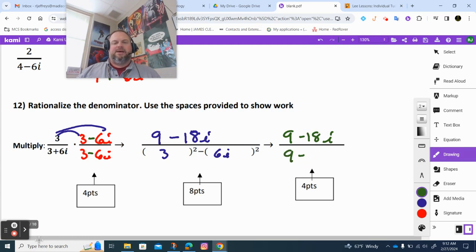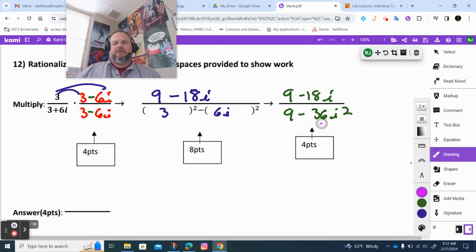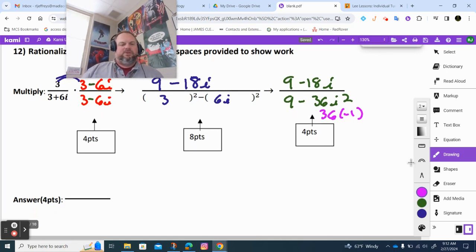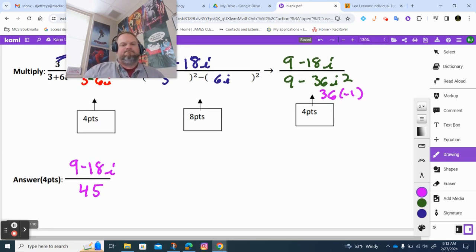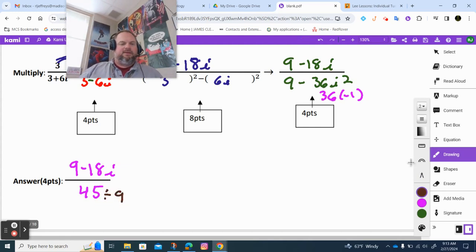This becomes 9 minus 36i squared, which is the same thing as saying 36 times negative 1. So we should get 9 minus 18i over 45. This can actually reduce. I've got to work on that for later.